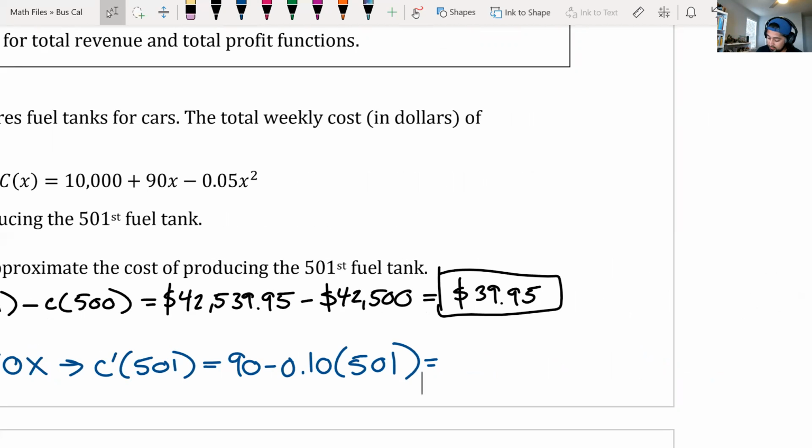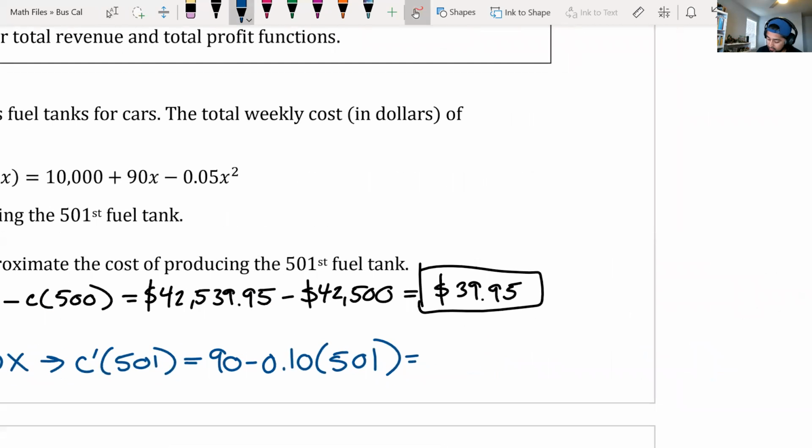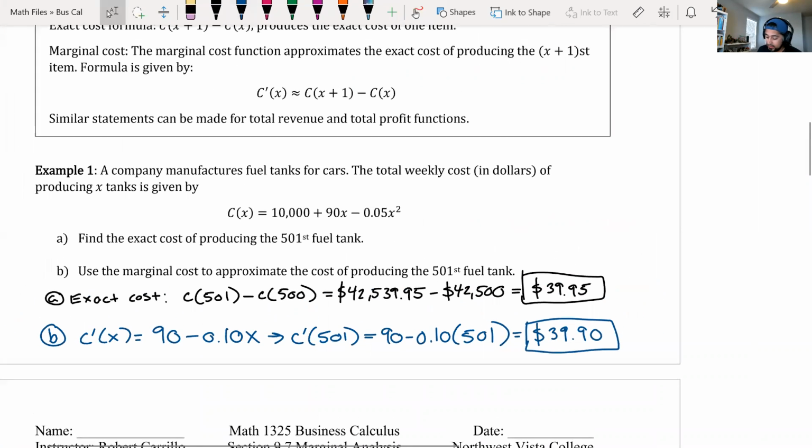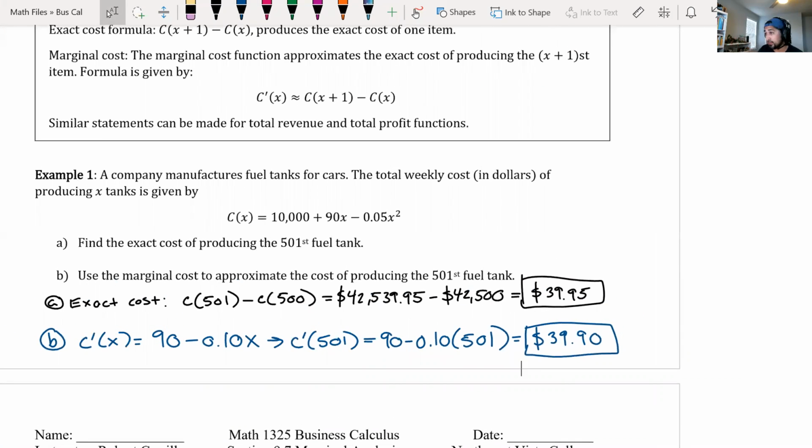And here we get $39.90. So just like the theorem says, the marginal cost will be approximately equal to the exact cost.